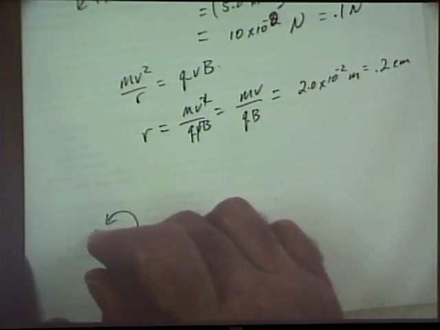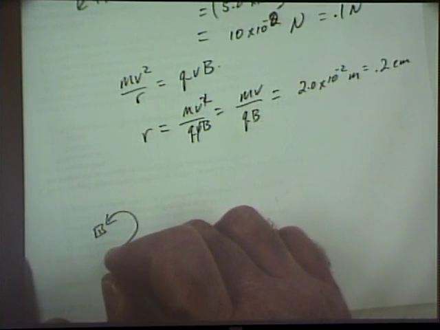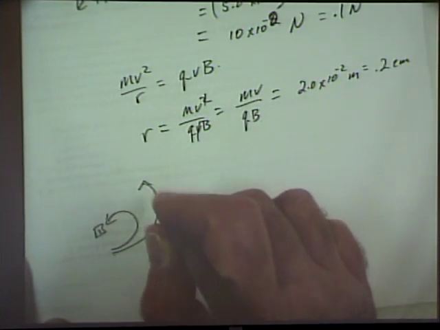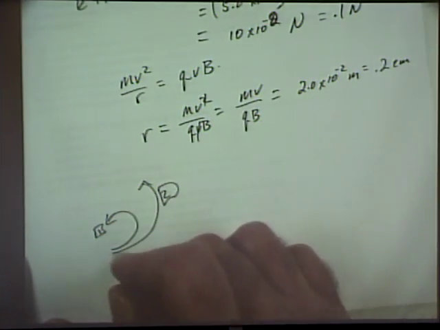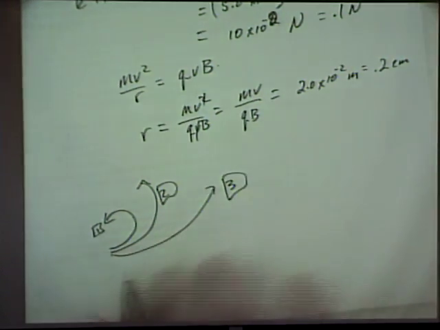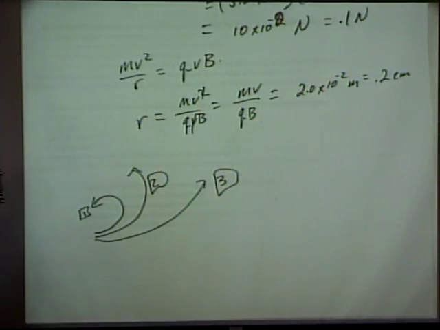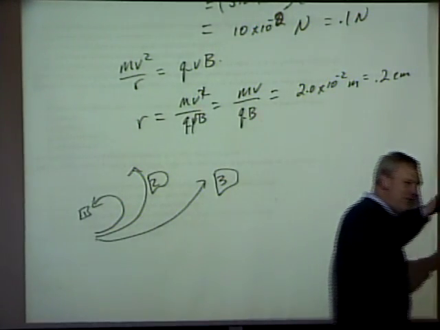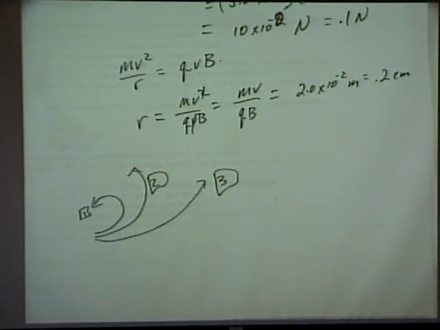Here's particle 1. One particle looks like this. Here's particle 2. And one particle's path looks like this. Particle 3. Can you see that? They have the same velocity. Which one has the biggest mass? Which one has the most mass?